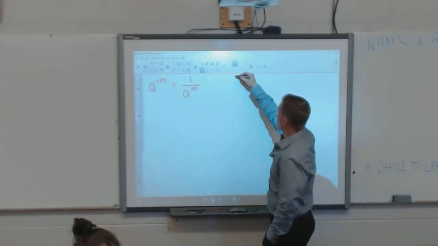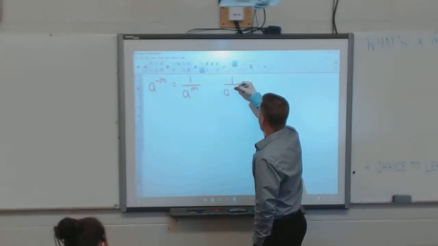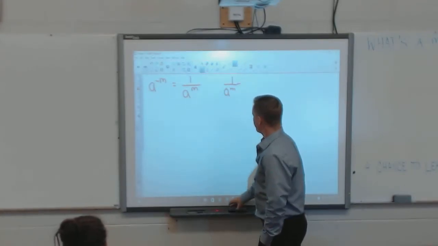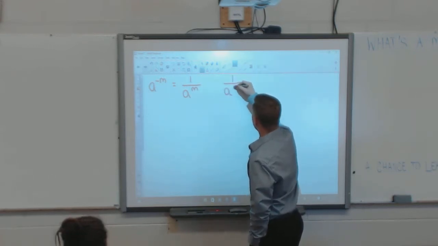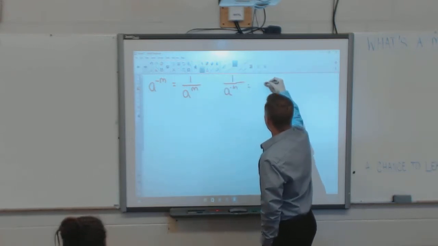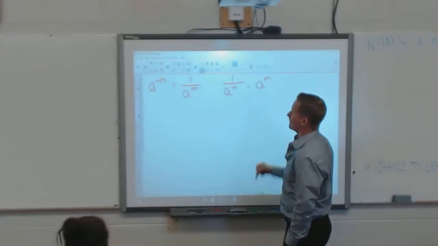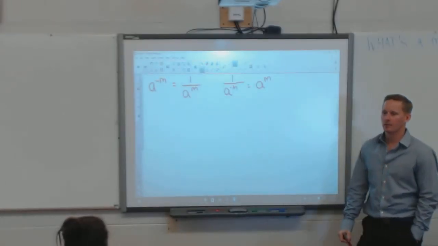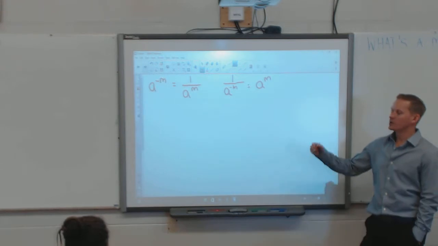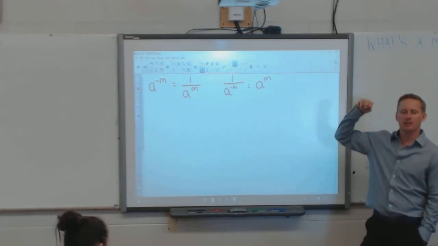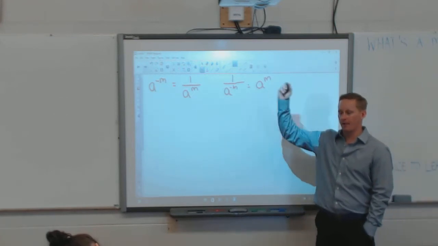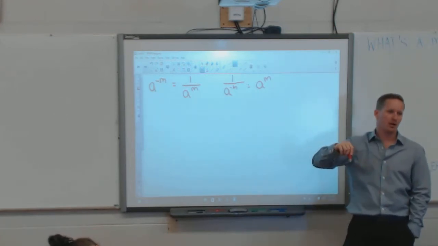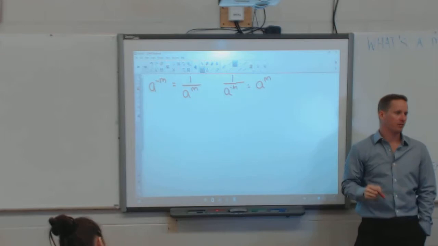If I have 1 over a to the negative m down here, I can move it to the top and make it positive. To change an exponent from negative to positive, you either put it above the line or below the line, but on the opposite side as to where it was negative.